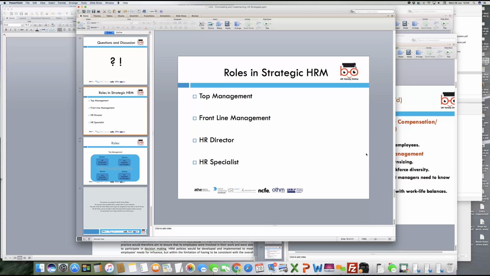Similarly, within the HR department there is a department head, somebody who's managing various functions within HR. Then there is somebody working on the operational side of HR, and you have an HR specialist. These are very different roles within the department.